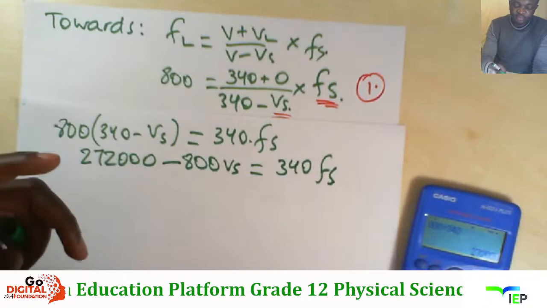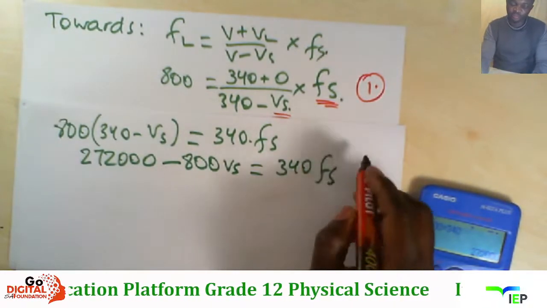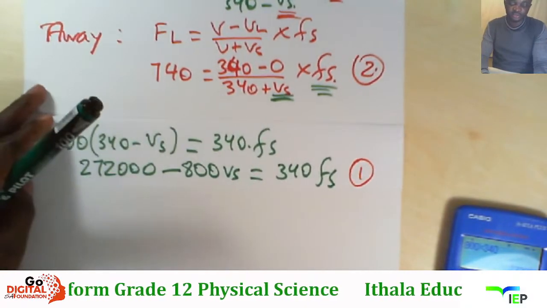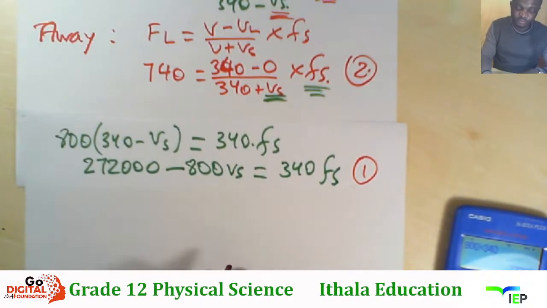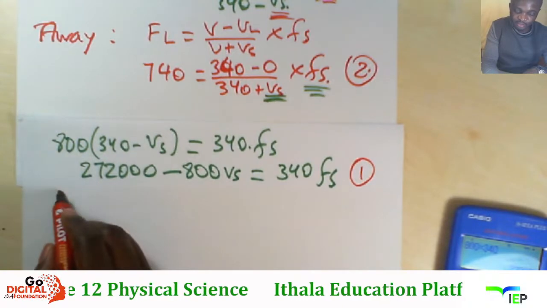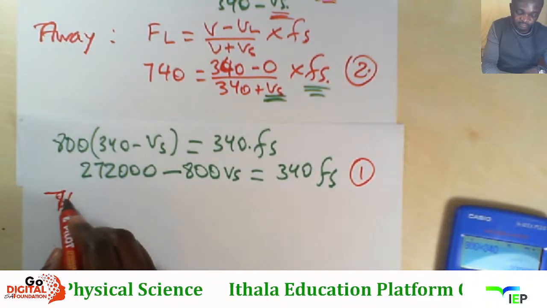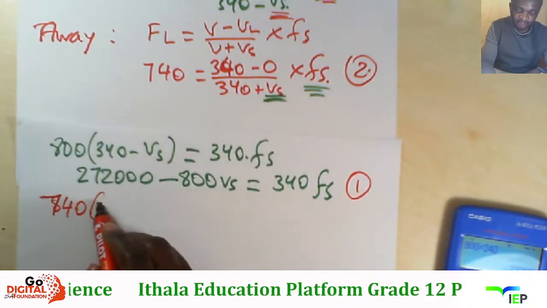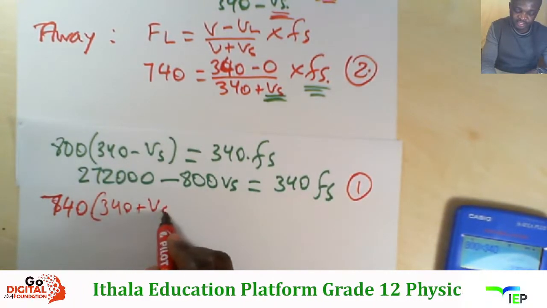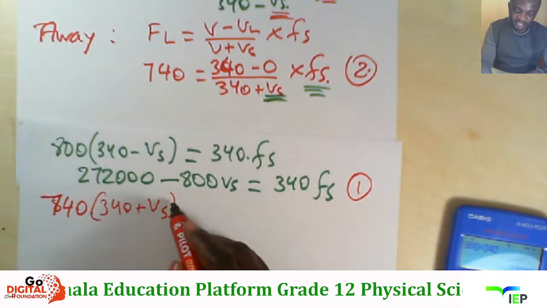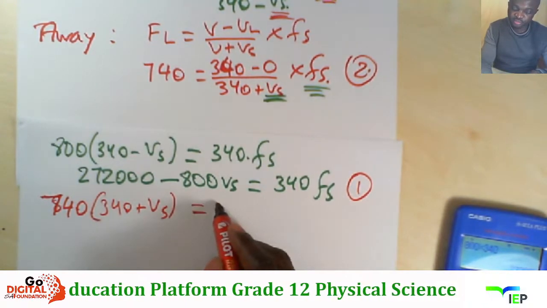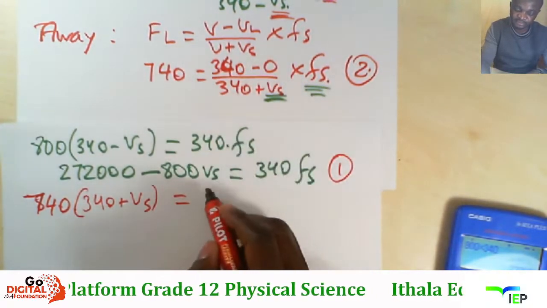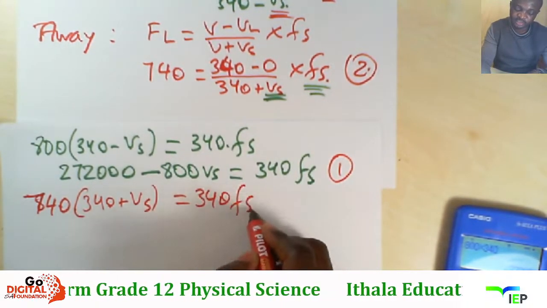Then I look at the second equation. So that was equation 1. The second equation is for when it's moving away. So it will be 740 into the denominator, which is 340 plus Vs, is equal to, again, the numerator 340 Fs.